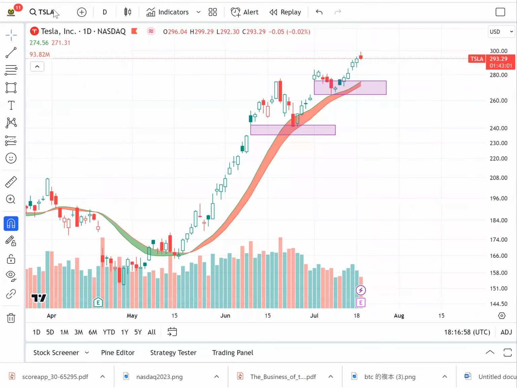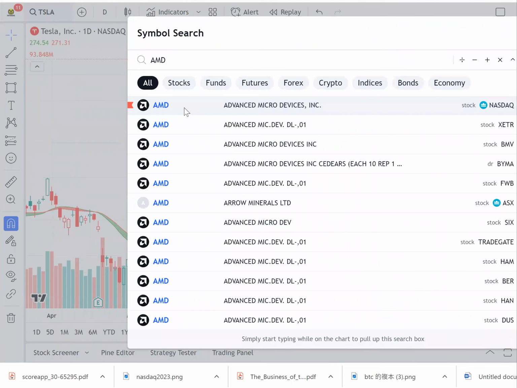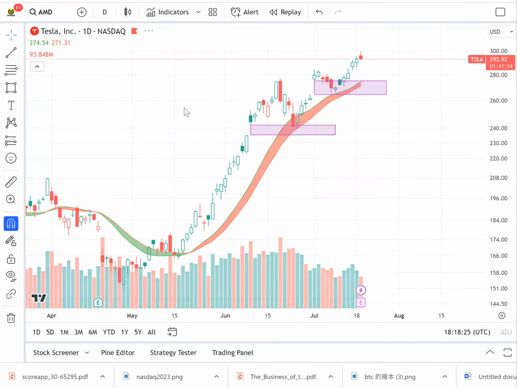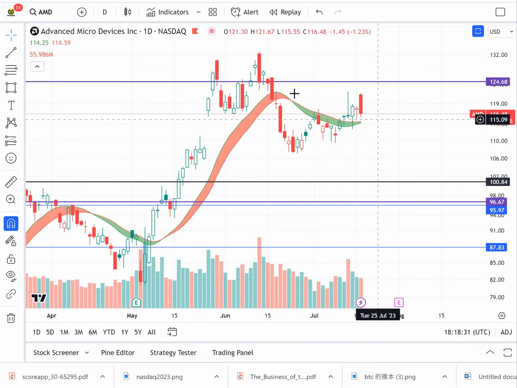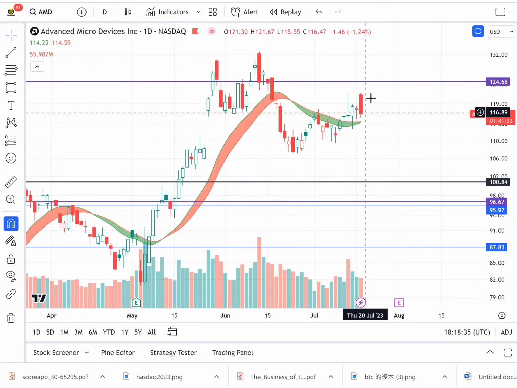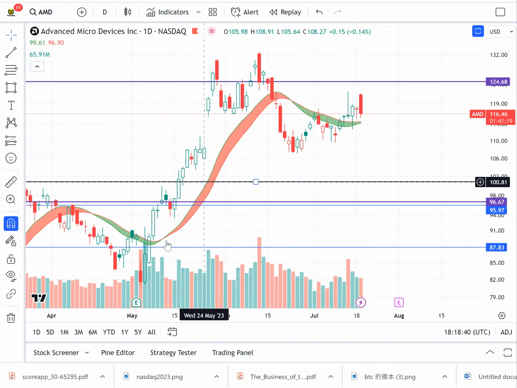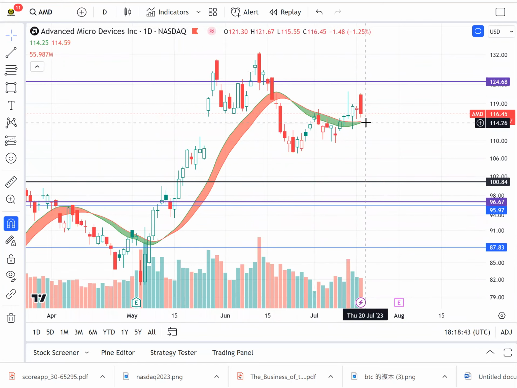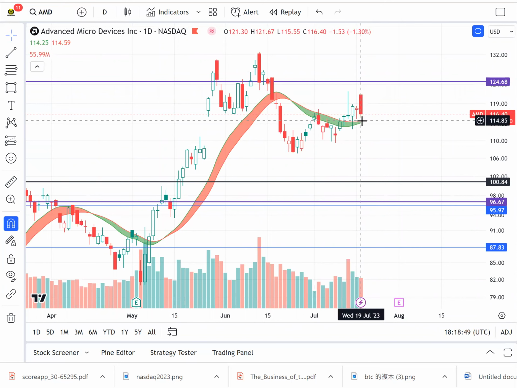So let's look at the daily chart. On the daily chart, we are in the green zone area, but the good thing is it's getting narrower. It means we can expect a red zone coming soon, but we still need to wait maybe one more day. It's possible this candle comes down to this green zone and serves as a support.